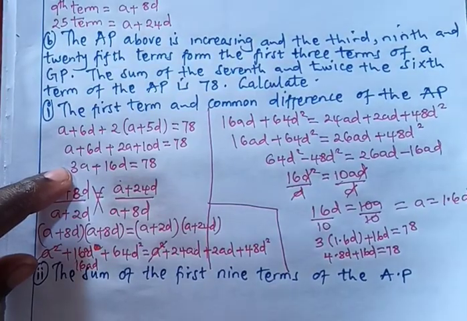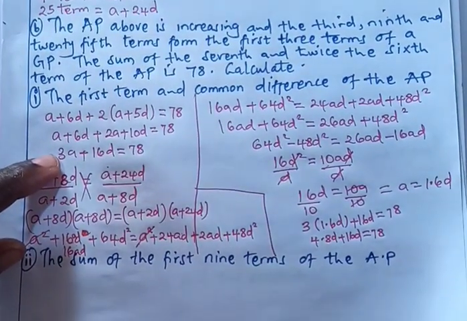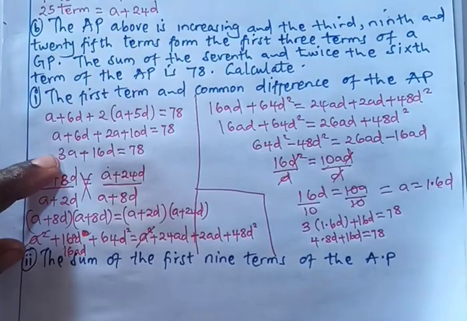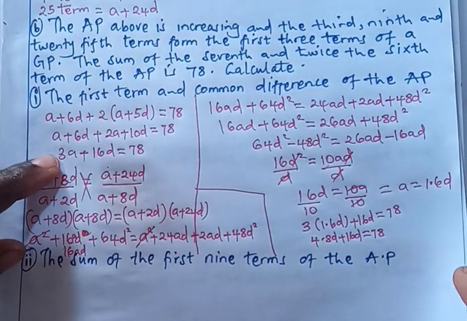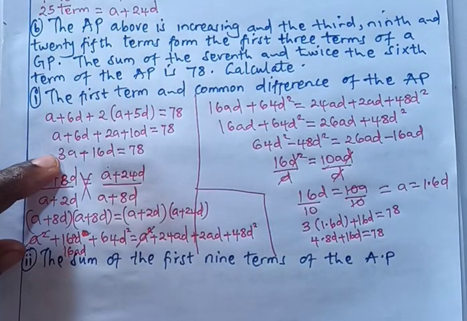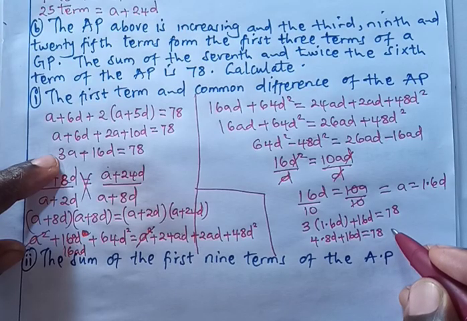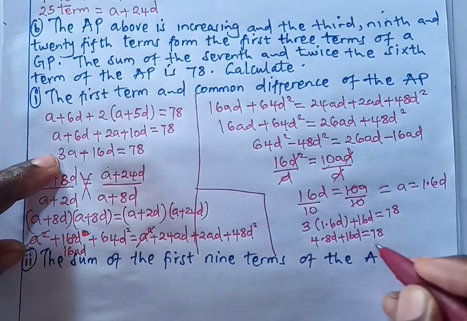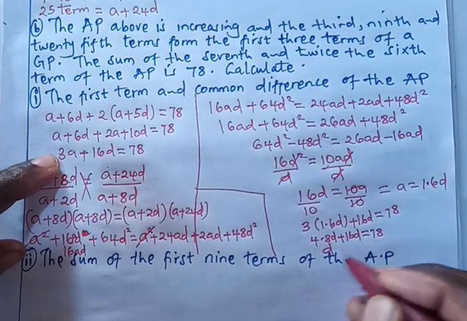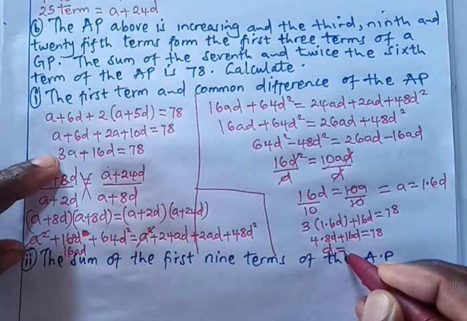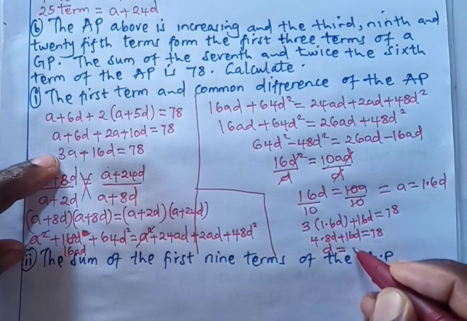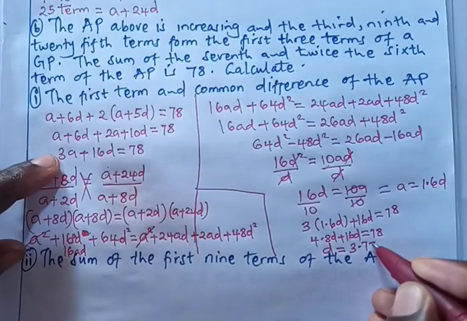If you add this, I'm very sure it is going to give us 20.8D. If you divide on both sides by 20.8, then our D, our common difference, is going to be 3.75.